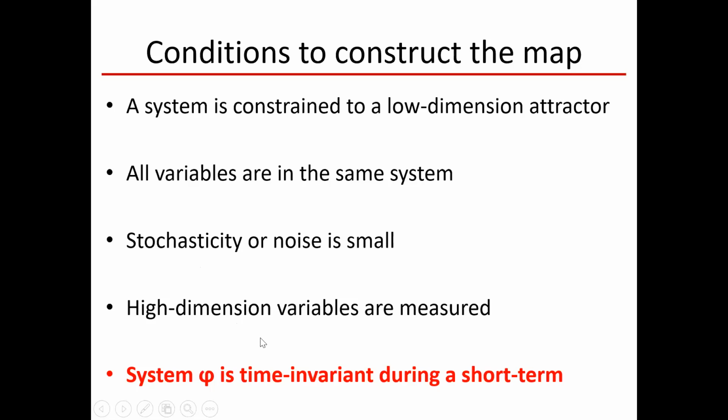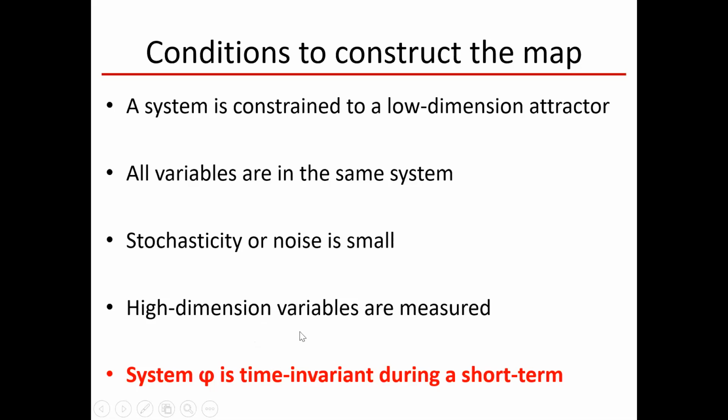The fourth one is we need high dimensional data. This one is the stock market issue. Why is the stock market short term? Because the stock price from last year contributes very little to tomorrow's stock price, because the system changes quickly.